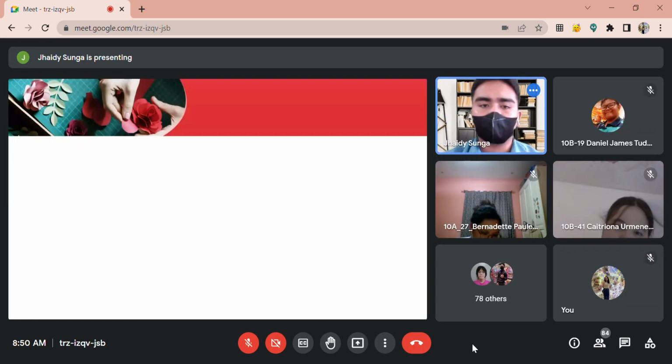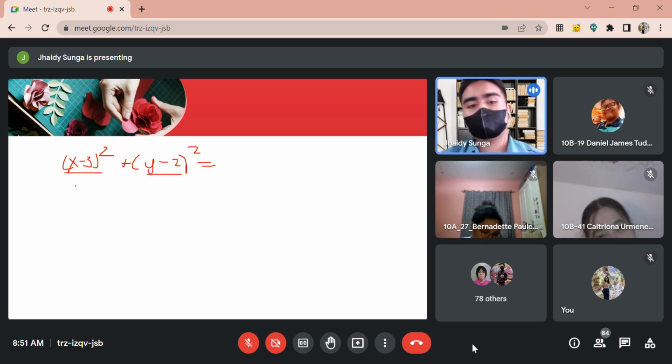For example, if you have x minus 3 squared over 4 plus y minus 2 squared over 9, then equal to 1.